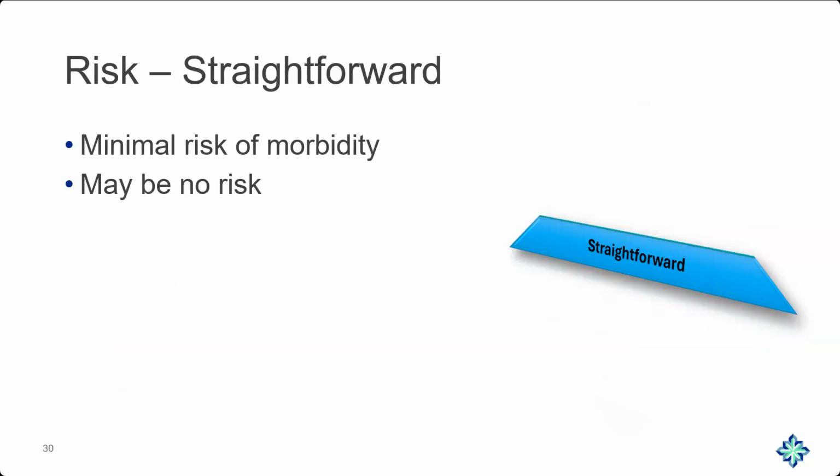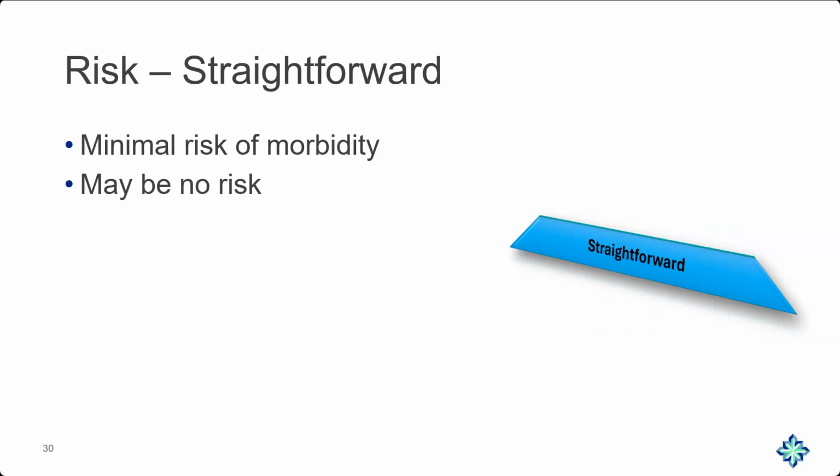So straightforward is going to be minimal risk to the patient. There may be no risk at all with what's going on. So for instance, maybe you are saying, go home, you can take an over-the-counter pain reliever, and with your medical history, that doesn't pose any risk to the patient.